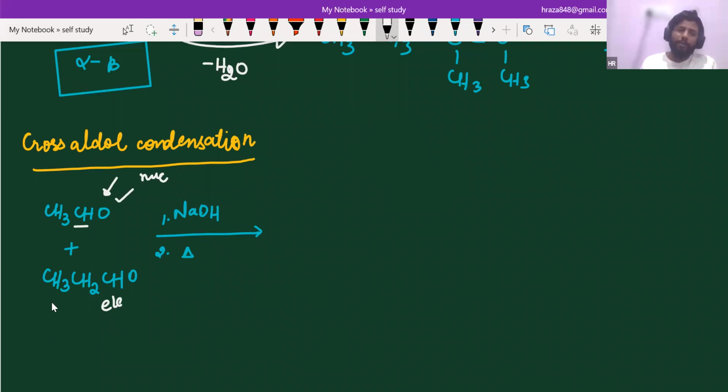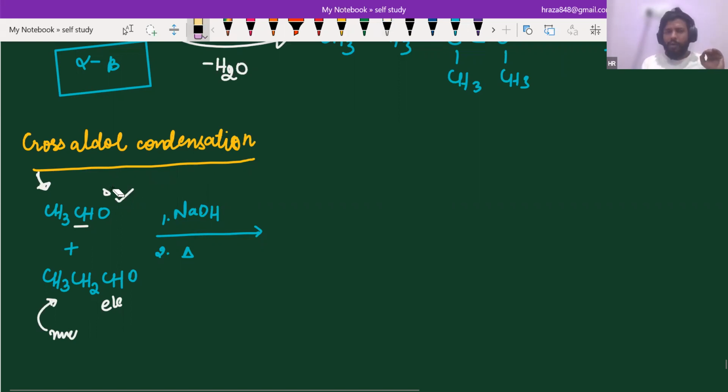After that, you make the other one nucleophile by removing H plus ion, alpha hydrogen. This is the nucleophile, then make the other electrophile, and do the same, and you will get the fourth product. If you don't get it, please do aldol condensation.